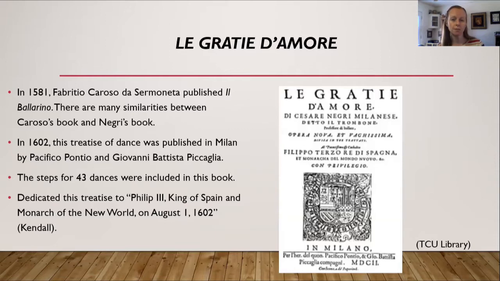There are many similarities between Caroso's book and Negri's book, but you will find during this time period, for example, I also do a lot of embroidery, and with the blackwork embroidery, I have found embroidery books where it looks like one author completely copied and pasted what another author did and then put their own name on it. So I'm not too surprised that there are many similarities between Caroso's book and Negri's book.